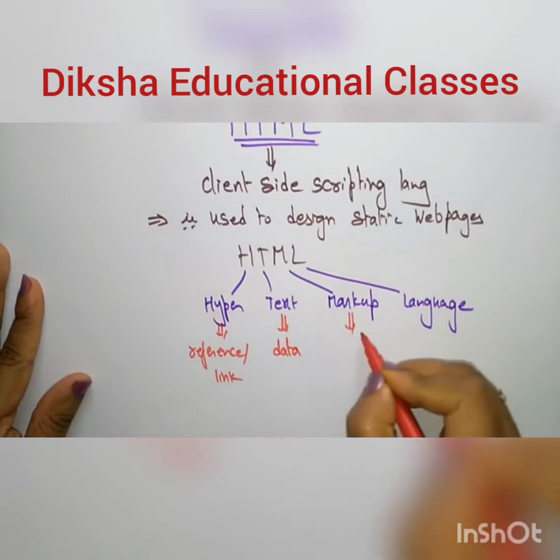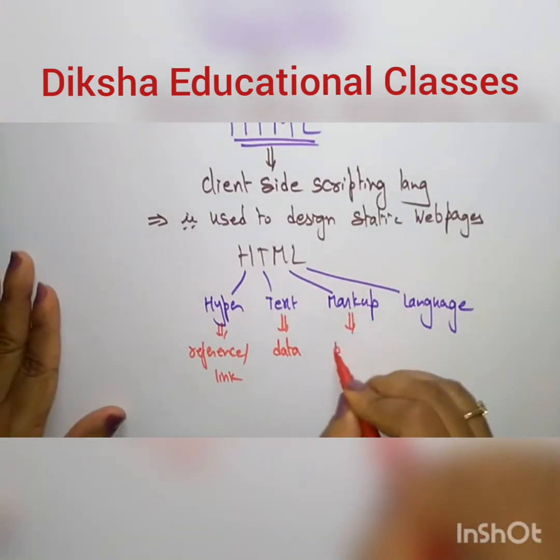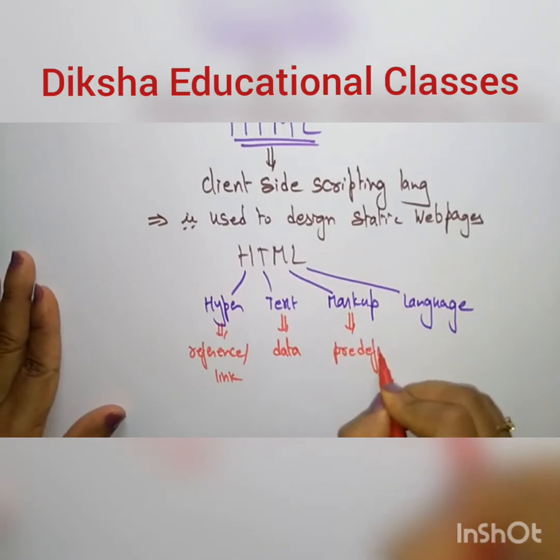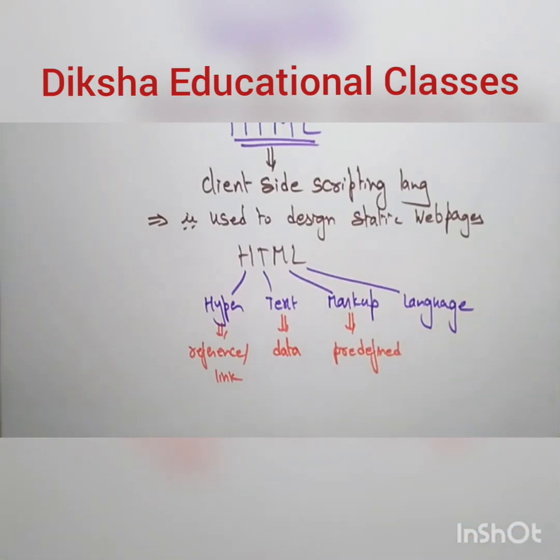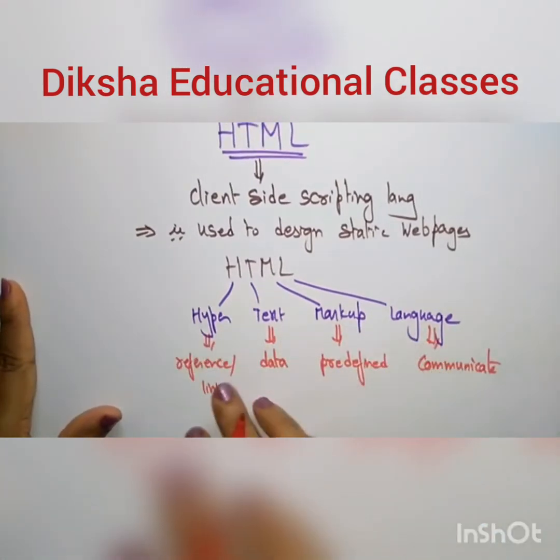And what about the markup? Markup is nothing but predefined terms, predefined statements present in this HTML language. And what about the language? Language is used for communication. If you want to communicate, you need some language. So this is a hypertext markup language.